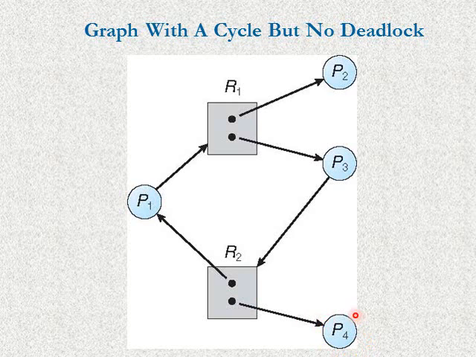So once P4 completes its execution, this R2 can be allocated to P3. In the same manner, as P2 already has one instance of R1, once P2 completes its execution, P1 can get this resource and then again there won't be any cycle in the system.